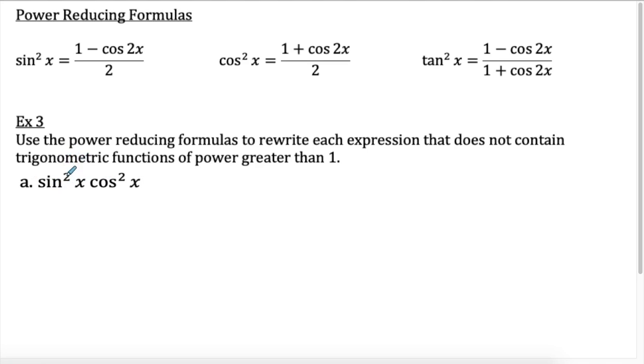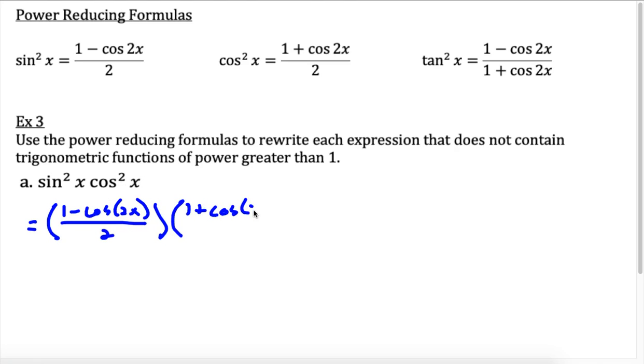Okay, so in this first example, I can say that the sine squared of x is equal to 1 minus the cosine of 2x over 2. And then I can say that cosine squared is equal to 1 plus the cosine of 2x over 2. Well, I can multiply this out now. In the numerator, I would need to FOIL or double distribute.